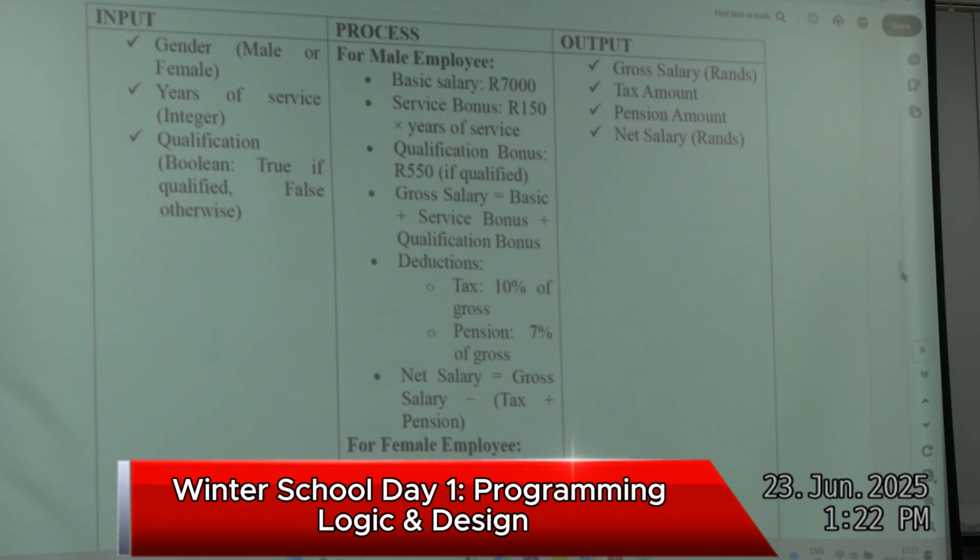What we can keep here is only the formula calculation about gross salary assigned to basic plus service bonus plus qualification bonus. Deduction. So what we'll be keeping here is only from gross salary deduction up to the net. Can you see that? Anything that is given as a value is an input; it's wrong, it cannot be done.